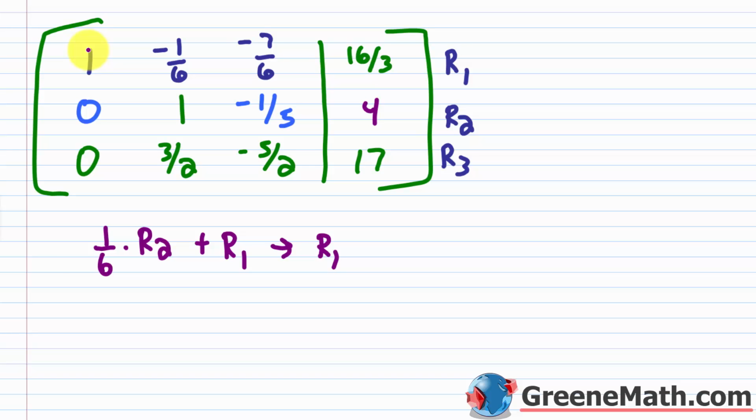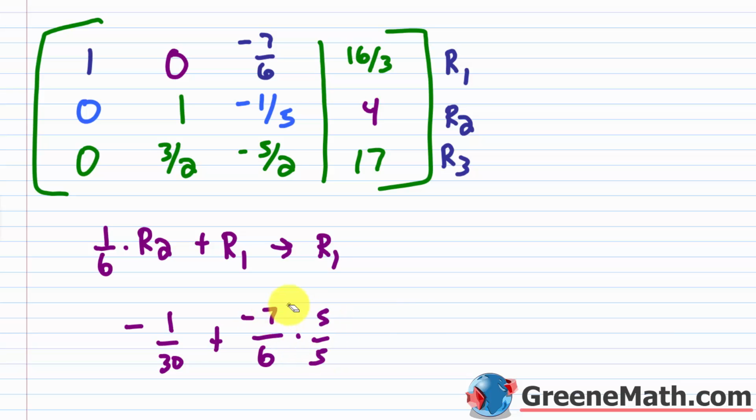So I really need to just think about, I know that this would turn into a 0. So I really just need to work on this negative 1/5 times 1/6. Okay? And then I'll add this result to this negative 7/6. So I know that this would be negative 1 over 30. And then plus negative 7 over 6. So I'll multiply this by 5 over 5.